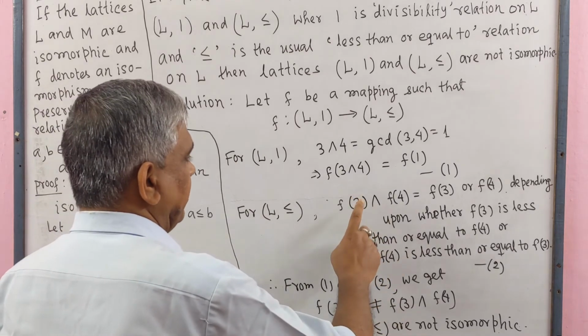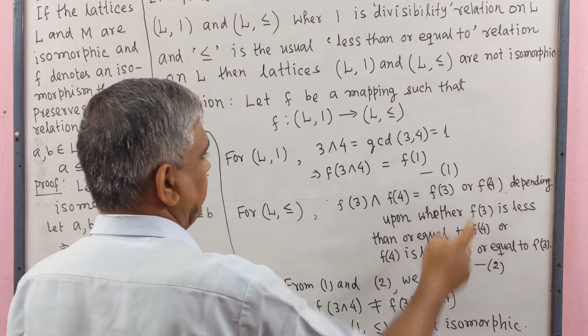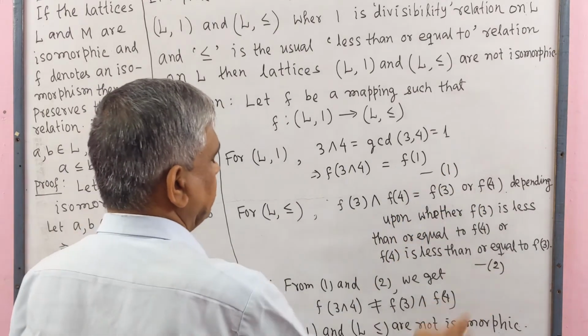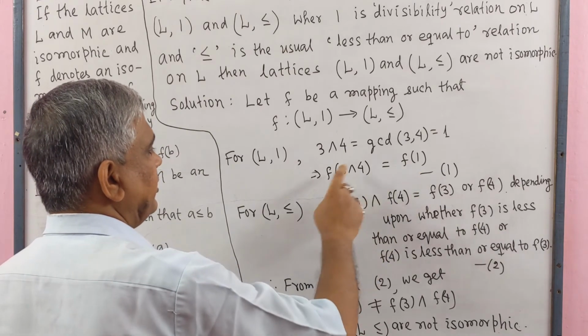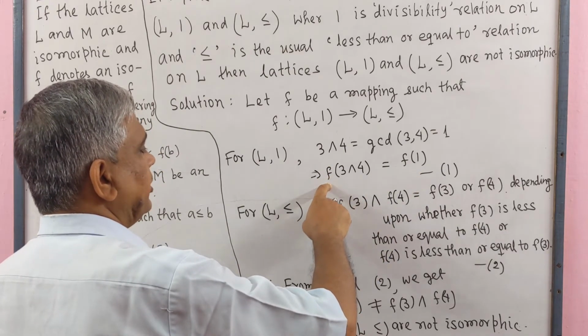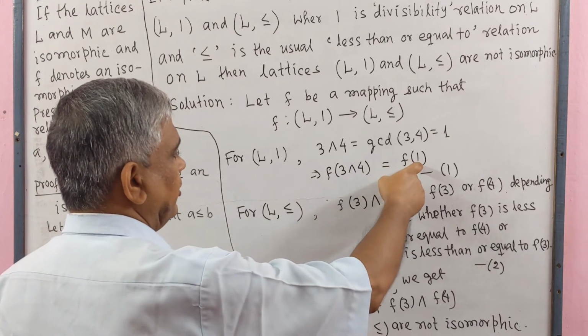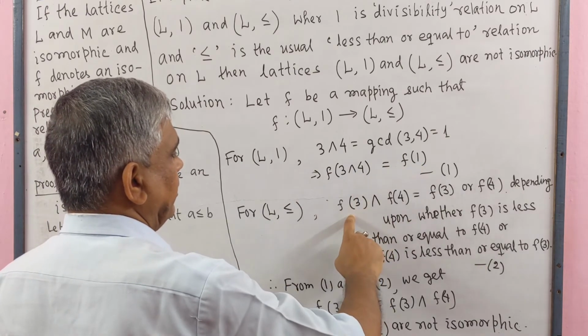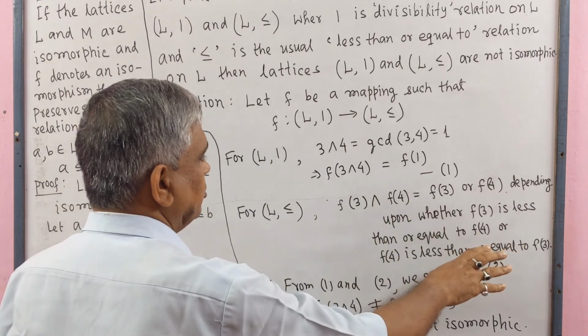That is F3 meet F4 equal to F3 or F4. This is number 2. In 1 we have seen that F3 meet 4 equal to F1, and F3 meet F4 equal to F3 in 2.